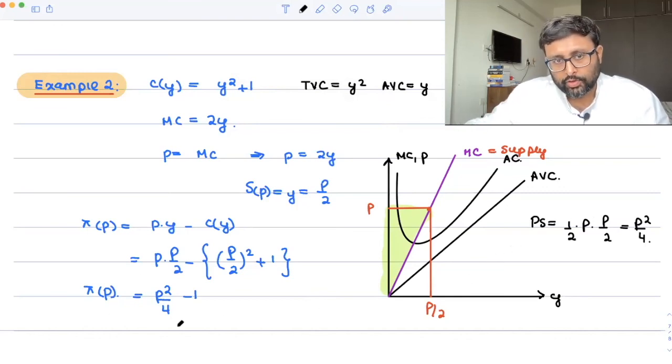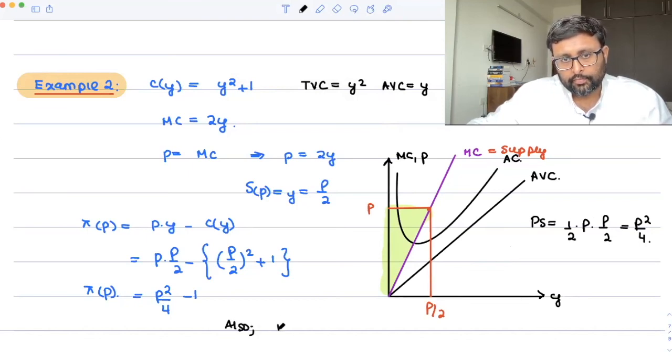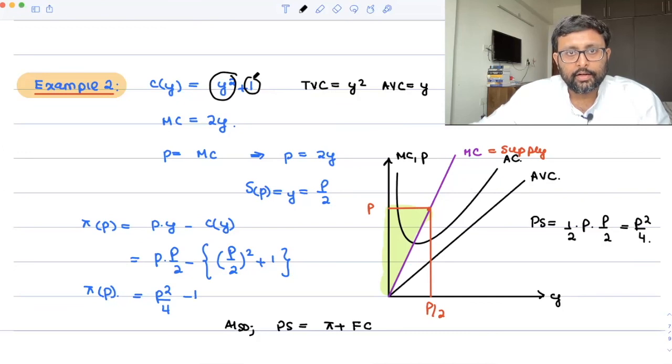Also, you can calculate it like this. Producer surplus is your profit plus fixed cost. TVC is y square, TFC is 1. What are your profits equal to?